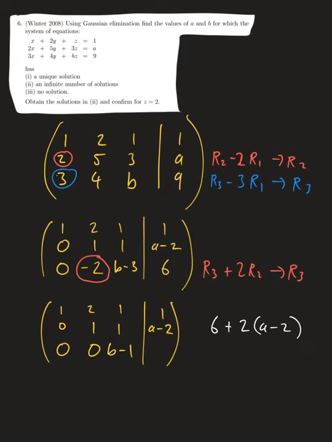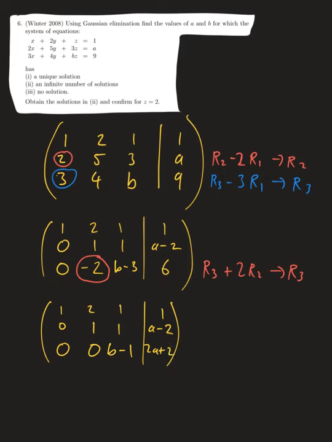Then I have 6 plus twice that a minus 2 above it, which gives me 2a plus 6 minus 4, which is equal to 2a plus 2. And that goes in here. So that is Gaussian elimination done.